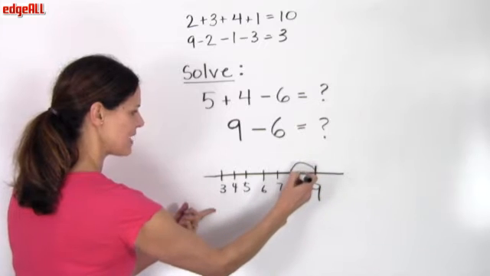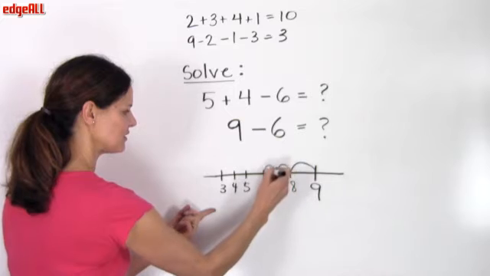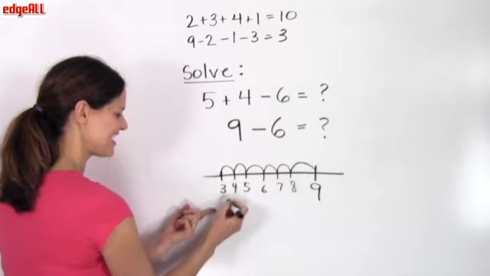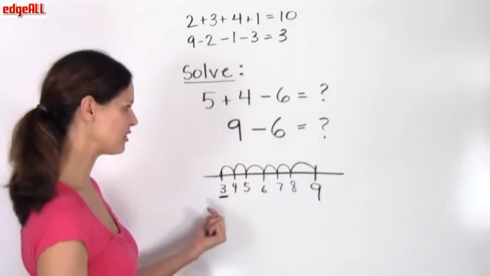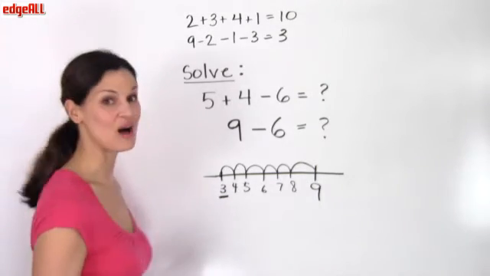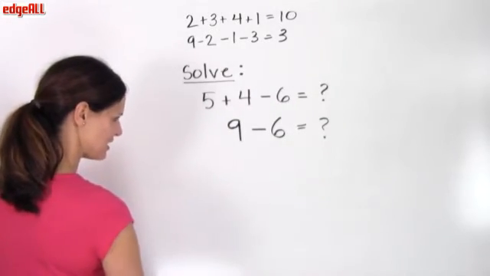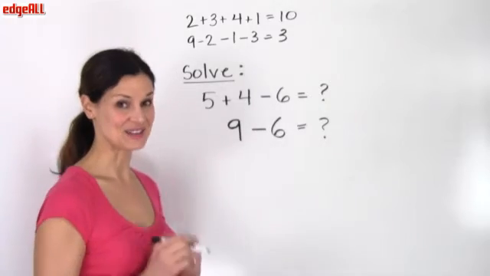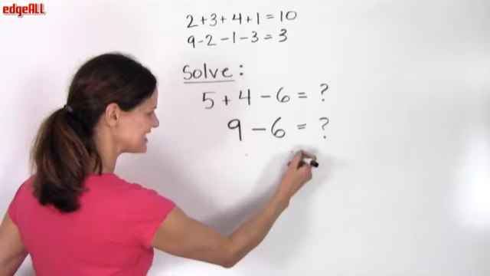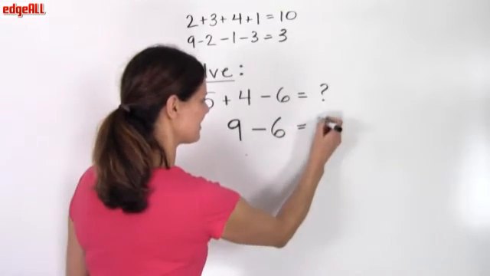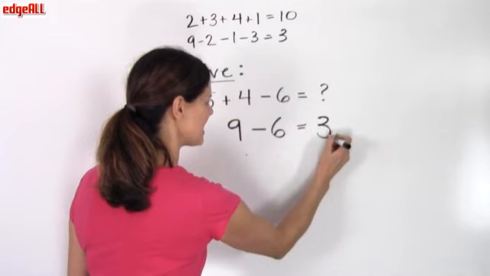So 9 minus 6 on the number line gives us also an answer of 3. Or if you've already memorized your one-digit subtractions, you would also know by heart that the answer to 9 minus 6 equals 3, like we found in all 3 of our cases.